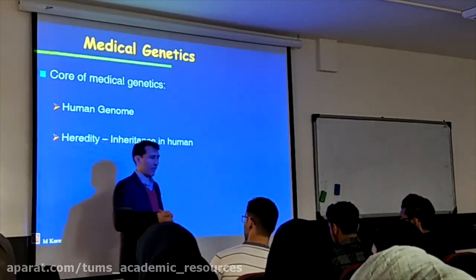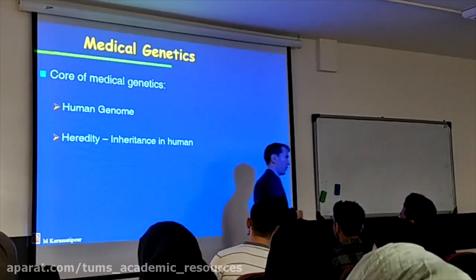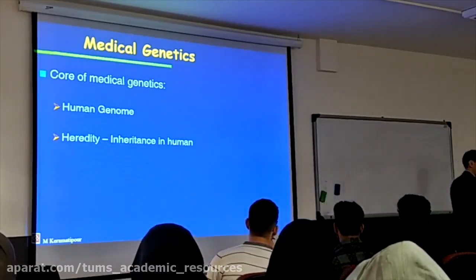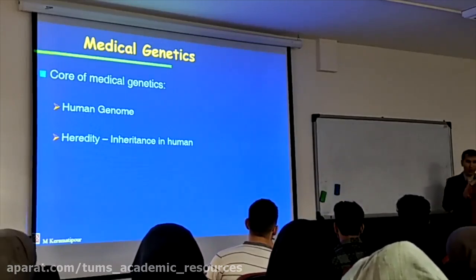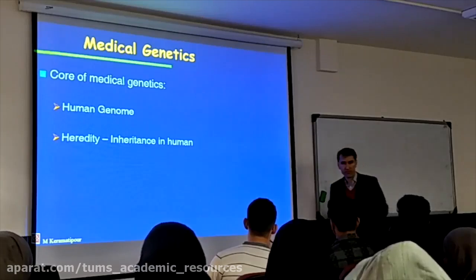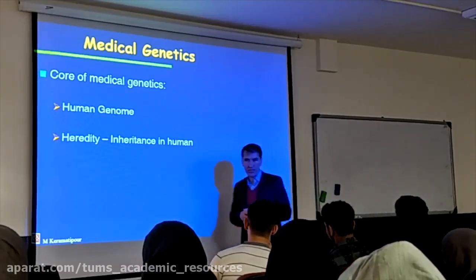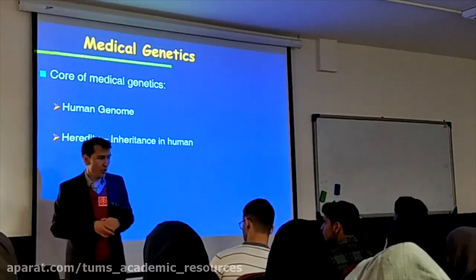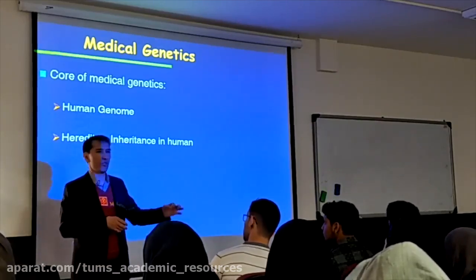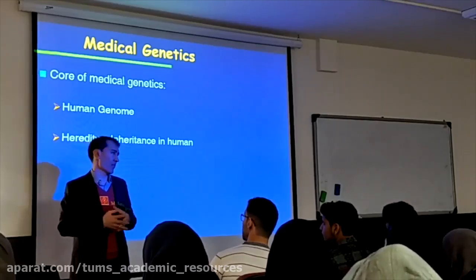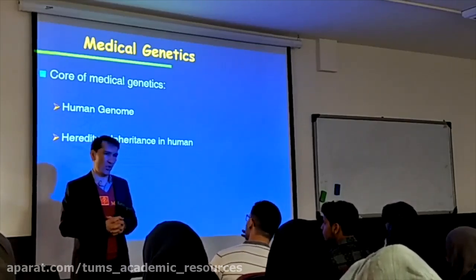And the second thing that you should know for genetics is the principle of heredity. You should know how this genome is passed from one generation to the next, and what happens in meiosis. What changes happen in the genome when it is passed from one generation to the next? Why? Because that's the basis of controlling these features or human characters.